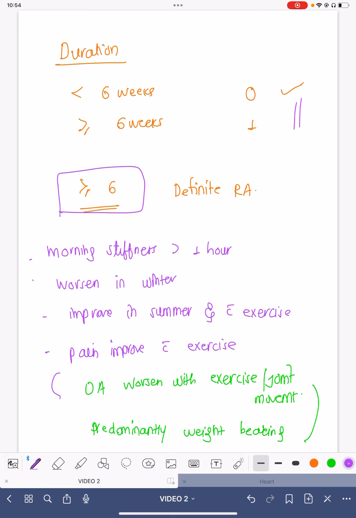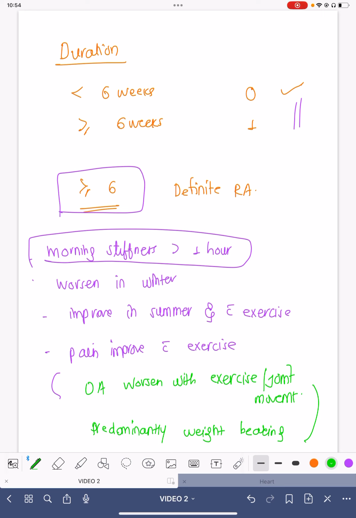The other most important point about rheumatoid arthritis is that, as this is an inflammatory joint disease, patients very commonly have morning stiffness, which very commonly lasts for more than 1 hour. Most of the time the patient wakes up and has to do physical activity, physical exercises, and only then feels better.